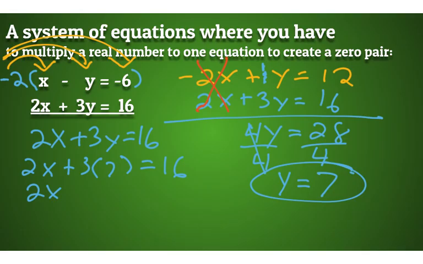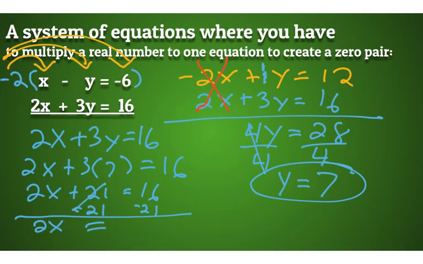So I'm left with 2x plus 21 equals 16. I'm going to minus 21 on both sides first. I'm left with 2x equals 16 minus 21, which is going to be a -5. And then I'll divide 2 on both sides, and I'm left with x equals -2.5.